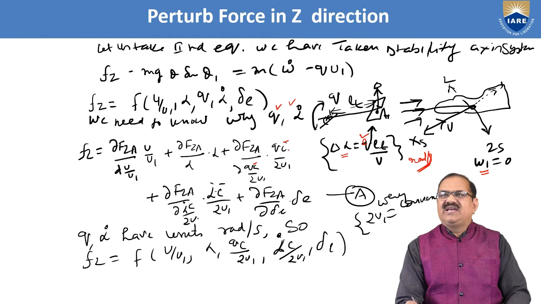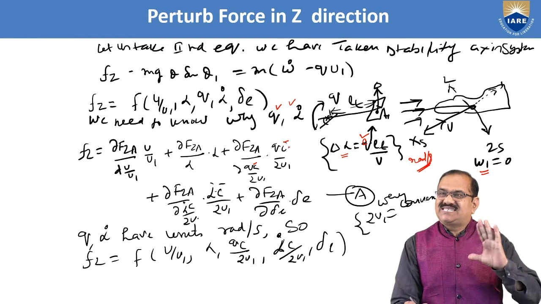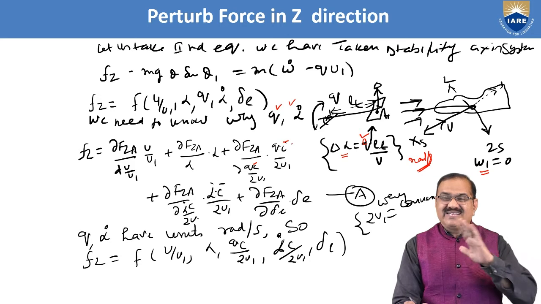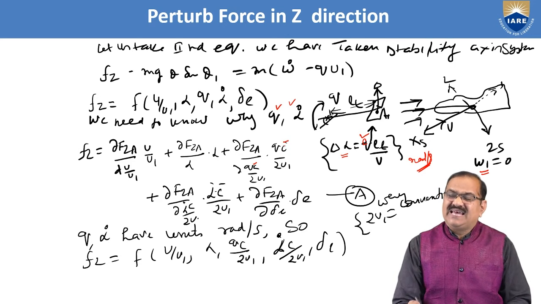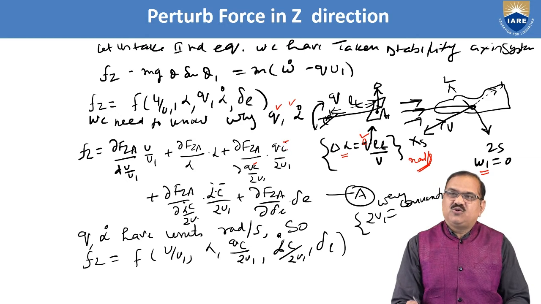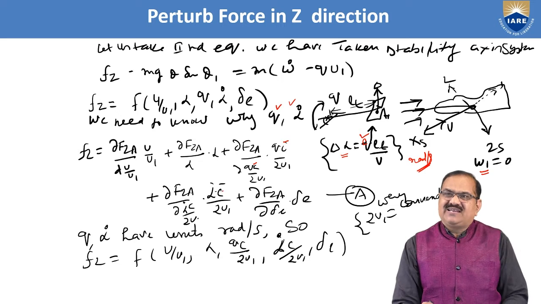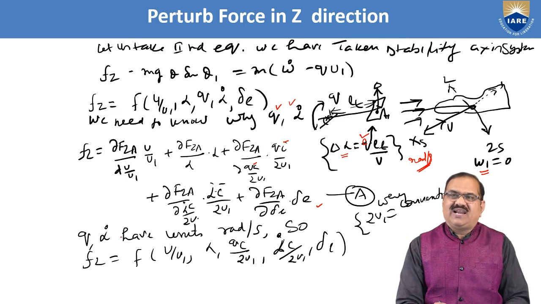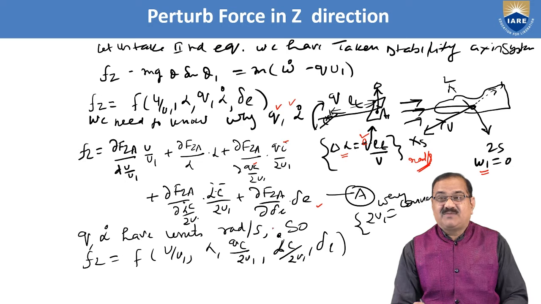If it is not visible, assume it is c bar, not c, because c bar is a non-dimensional quantity, and so we have to use it accordingly. Then plus dou Fz by dou (alpha dot c bar by 2U1) into alpha dot c bar by 2U1, plus dou Fz by dou delta E into delta E. This is the equation. So now here q and alpha dot have units of radian per second.